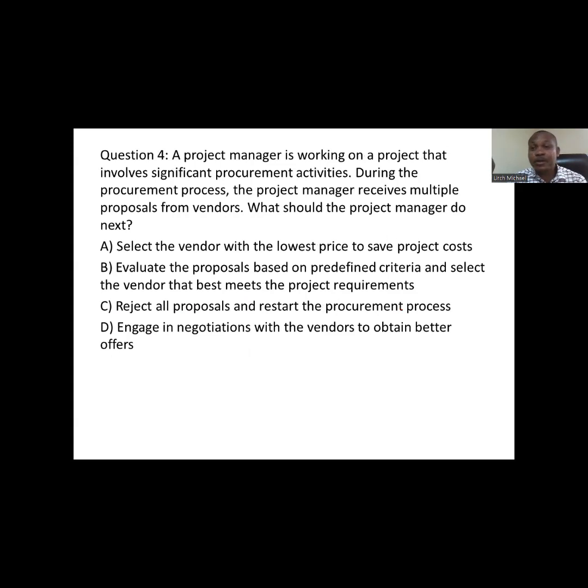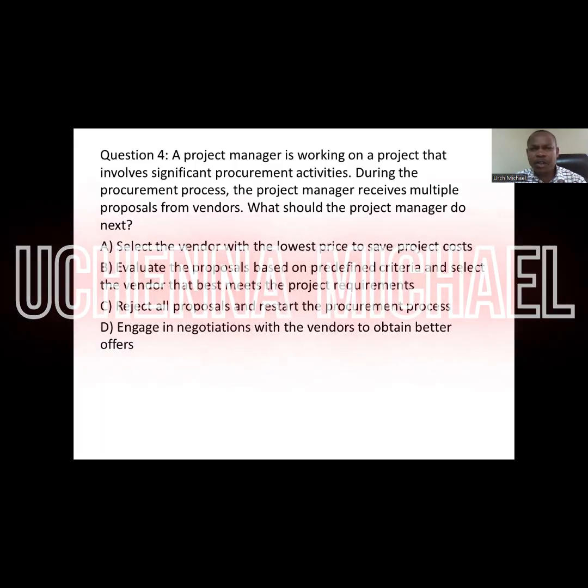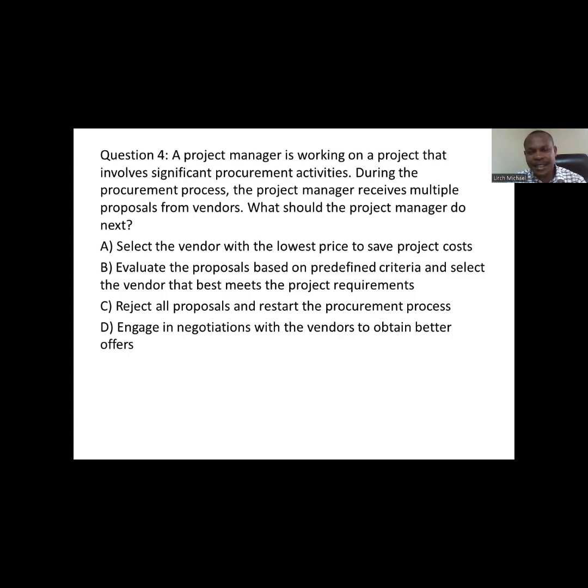Question number 4 says, a project manager is working on a project that involves significant procurement activities. During the procurement process, the project manager receives multiple proposals from vendors. What should the project manager do next? Next is the keyword. Now, multiple proposals. This is actually from procurement management.